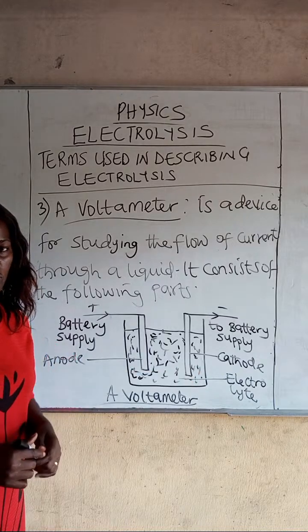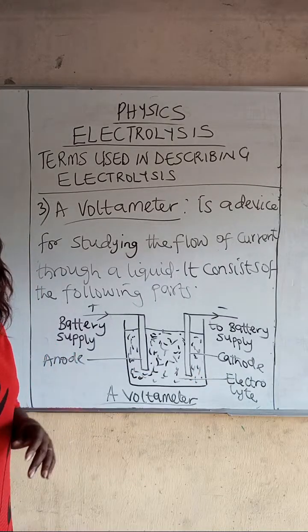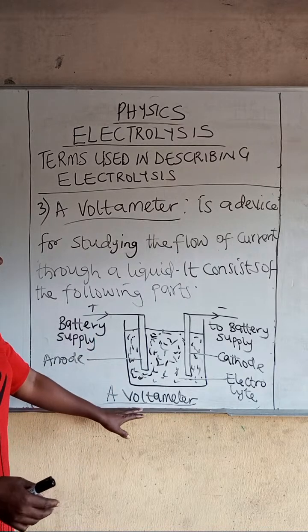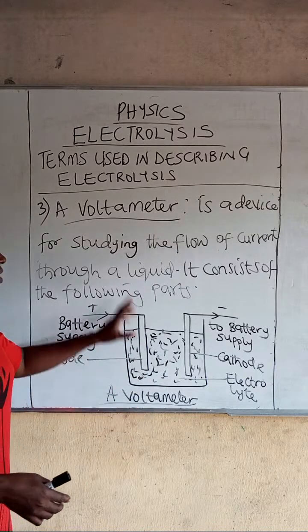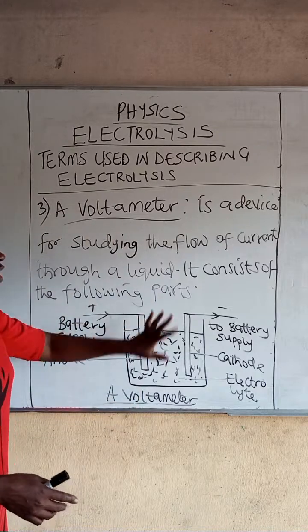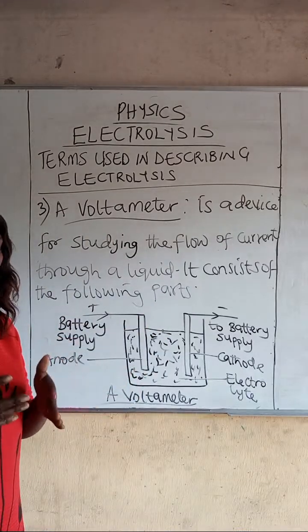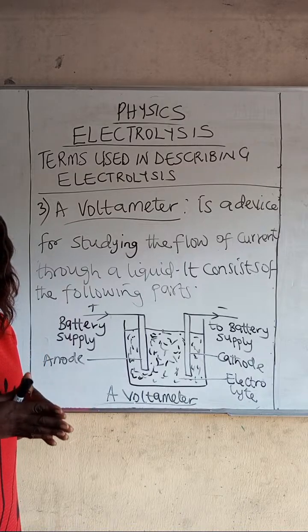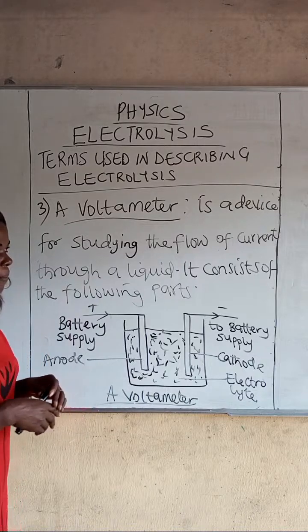To the cathode. Do we understand? I'm going to explain that concept again. But all these things are under what? Voltameter. We use this device to study the effects and the movement of current through and out of what? Electrolysis. Do we understand? Okay.